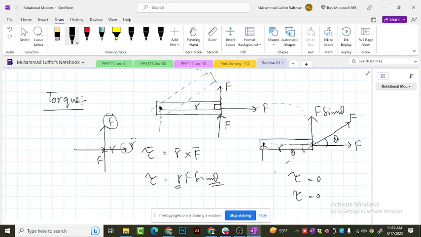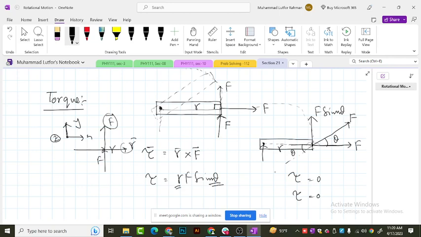If this is your X axis and this is the Y axis, that means R is towards the X axis and F is towards the Y axis, then the torque, tau, would be towards the positive Z axis, which is out of this plane. If you see this screen, your computer screen or laptop screen, that tau would be out of your screen.